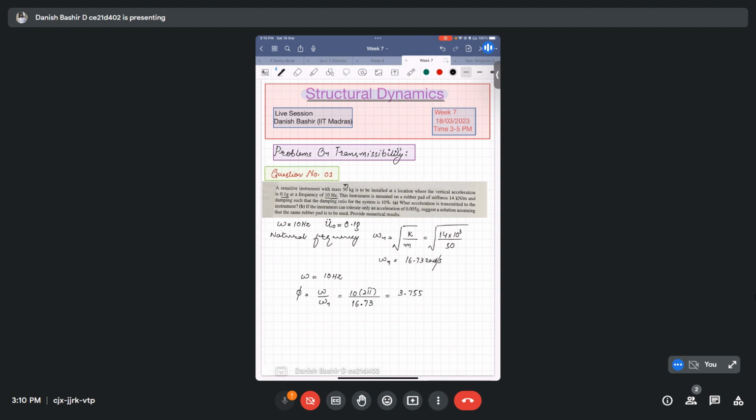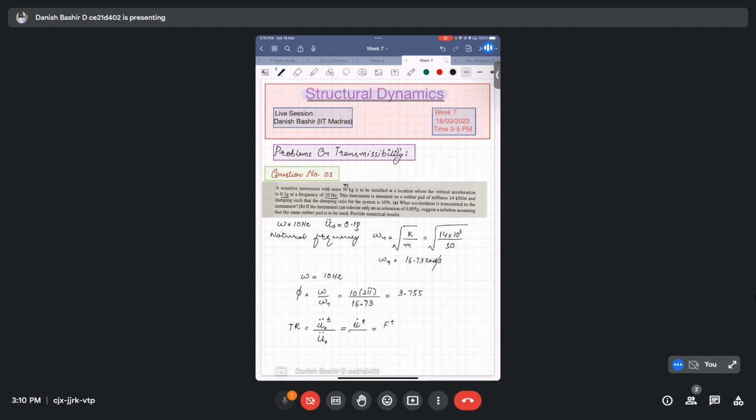So for the equation of transmissibility, in the last live session we derived that the transmissibility, that is u double dot naught that will be transmitted, over the original maximum amplitude u naught double dot, is given by the same form for everything, whether it is acceleration transmitted, velocity transmitted, or force transmitted.